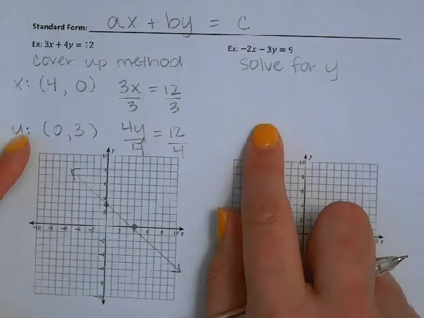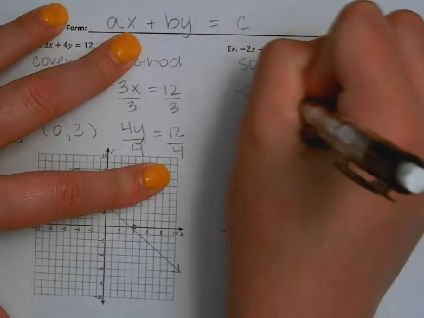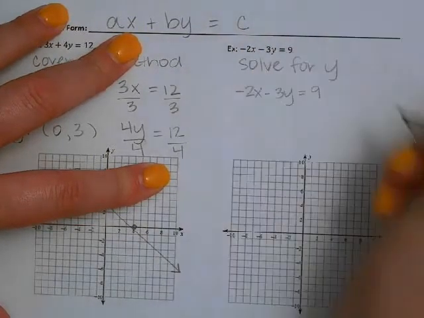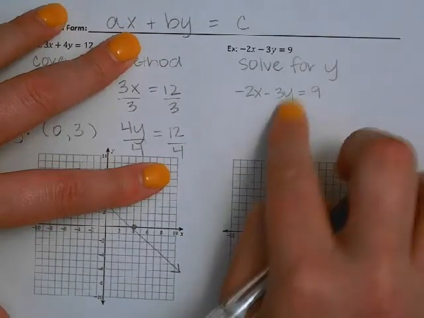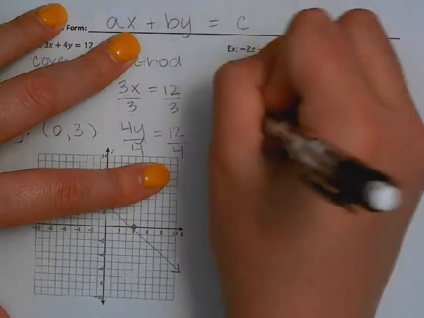Okay, so I'm going to go ahead and write the equation down again. So first thing, to get the y alone, I'm going to take the 2x and I'm going to move it over to the other side.